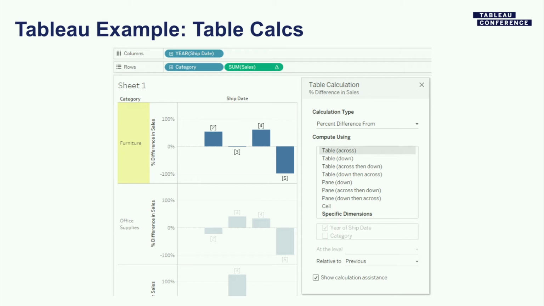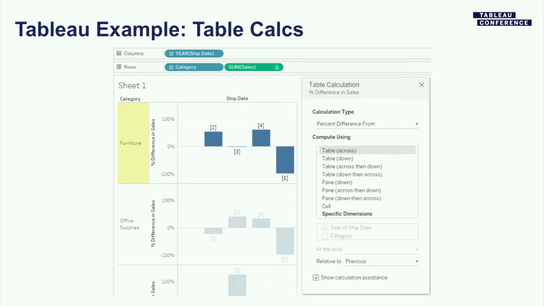But since this language had a natural mapping to the visualizations that we were creating, we're a visualization tool after all, we added a new feature, I think it was last year, that has these numbers. And so what you can see here is you've got categories, furniture and office supplies going from top to bottom. We've got ship date going across. And those numbers, 2, 3, 4, 5, are showing you how it's doing its comparisons.